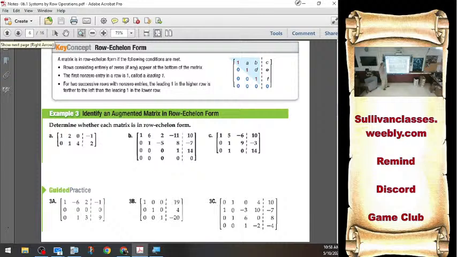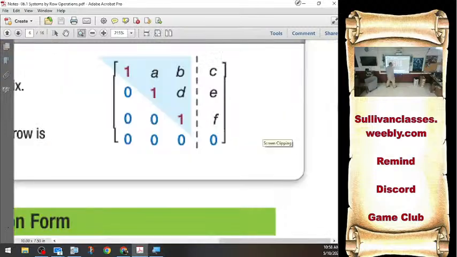The goal is to be at a minimum in row echelon form. Row echelon form has some rules. The leading non-zero term of any row can't have any leading zero terms above it.